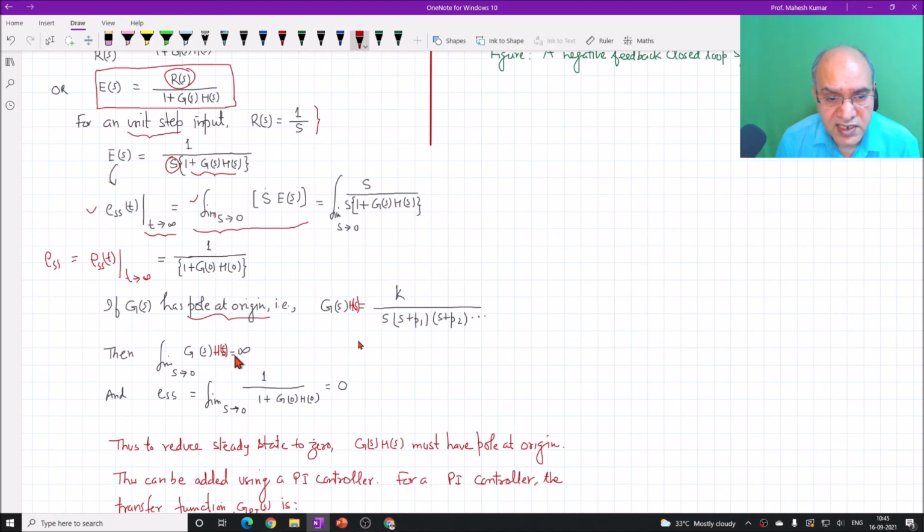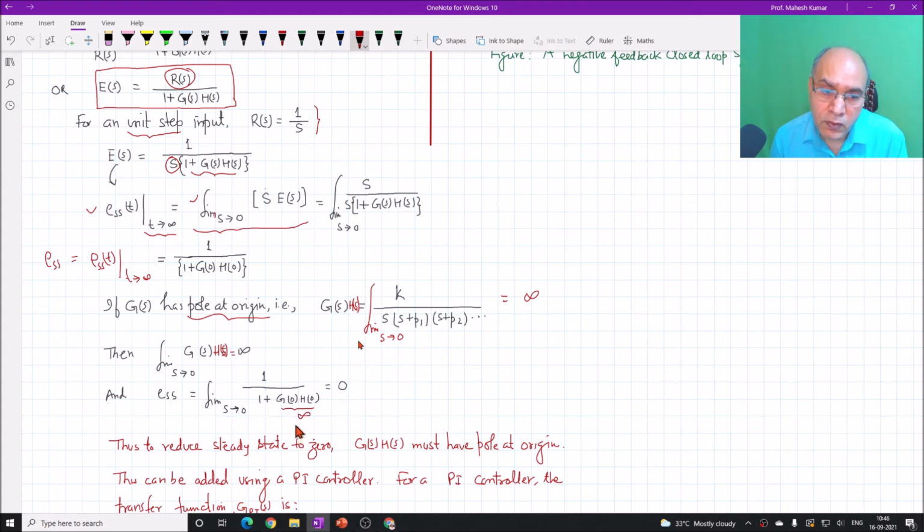You can generalize it. If this is the situation, then the limit as s tends to 0 of G(s)H(s) having a pole at the origin is infinity, and therefore e_ss for such a system will be 0.